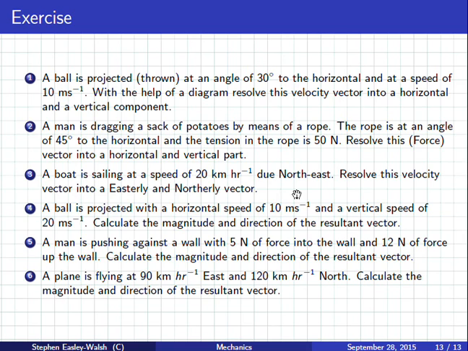It is 12.99, which is 13 kilometers per hour. So the answer is, the vector is 7.5 kilometers per hour to the east and 13 kilometers per hour to the north. Okay.